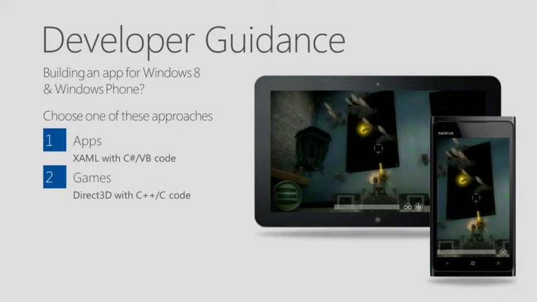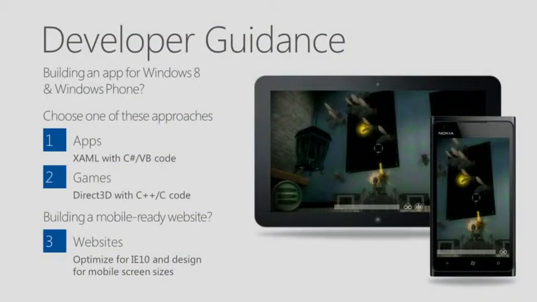For games, we recommend that you use Direct3D with C or C++ code. You can then take the application and target our shared native API, and any code in there will run identical on both platforms. You may choose to use different APIs that allow you to customize the experience per platform, but you can also use a shared core to simplify development.